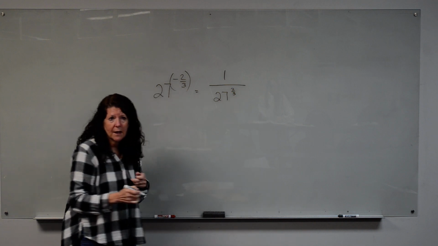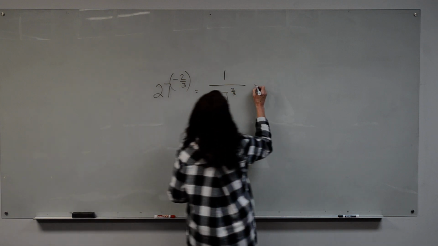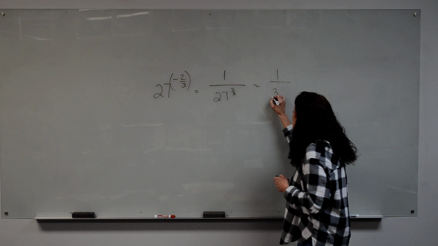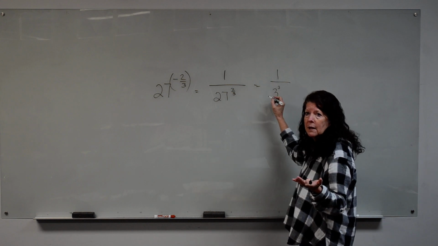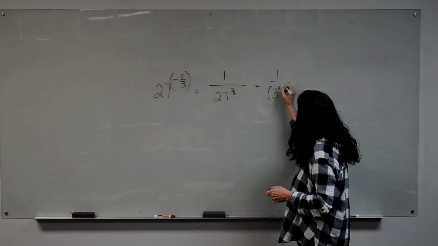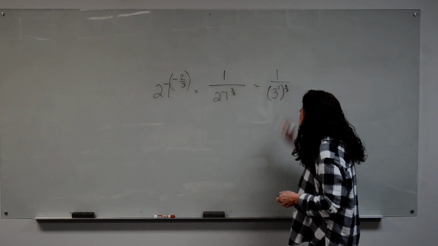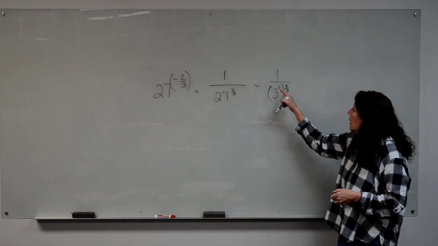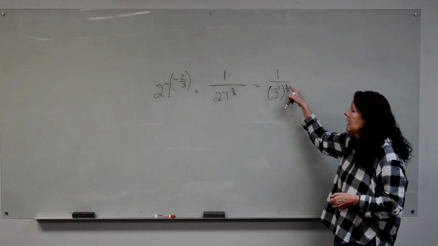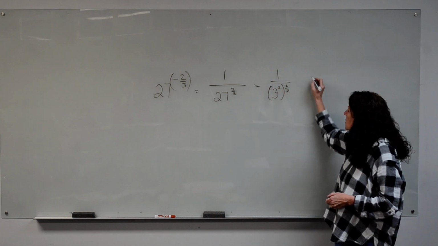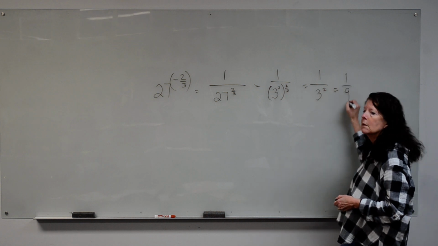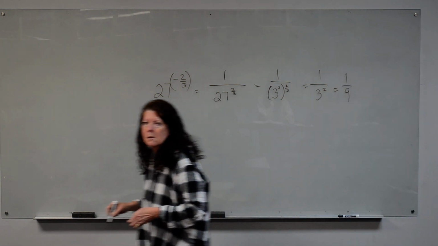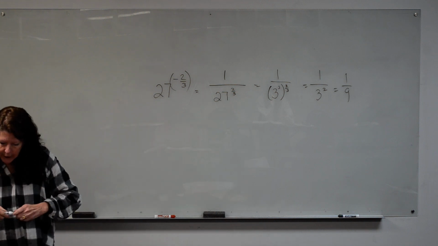If I write 27 as a base and a power, 27 is 3 cubed, 3 times 3 times 3. So 27 to the 2/3 power is 3 to the 3 times 2/3, which gives me 3 squared, which is 9, so 1/9. There are all kinds of ways to do this.